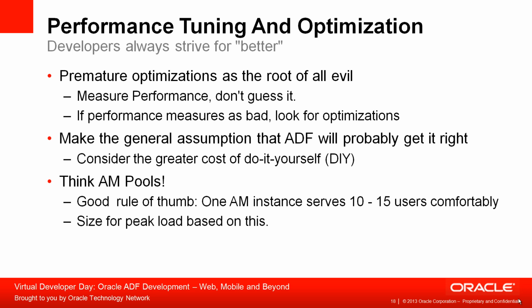And you can, as a rule of thumb, think about having one application module instance serving 10 to 15 users. So if you want to look for sizing information, just divide the number of users you have by 10 or by 15, and then you have an idea of what the application module setting should be for the pool.